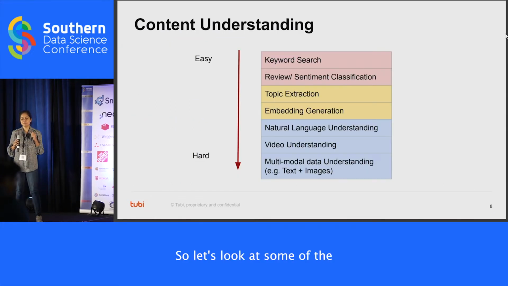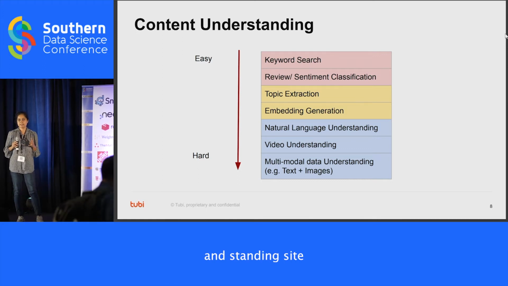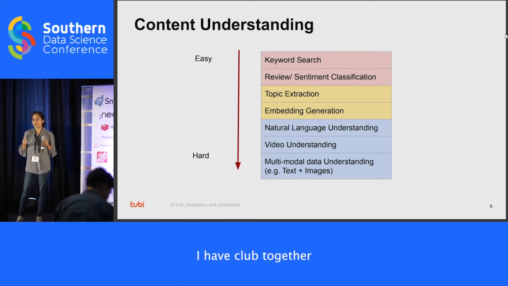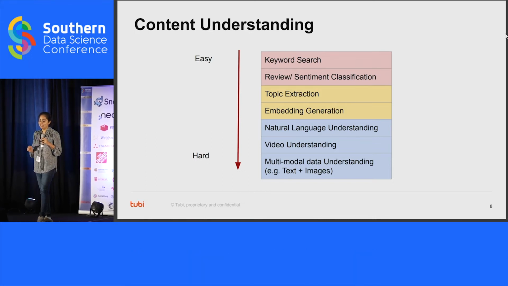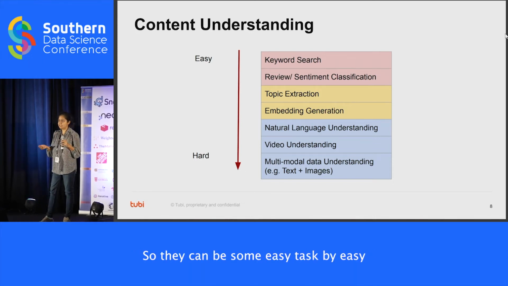So let's look at some of the things that can happen on the content understanding side. And over here, I have clubbed together both NLP and computer vision-based tasks. There can be some easy tasks.